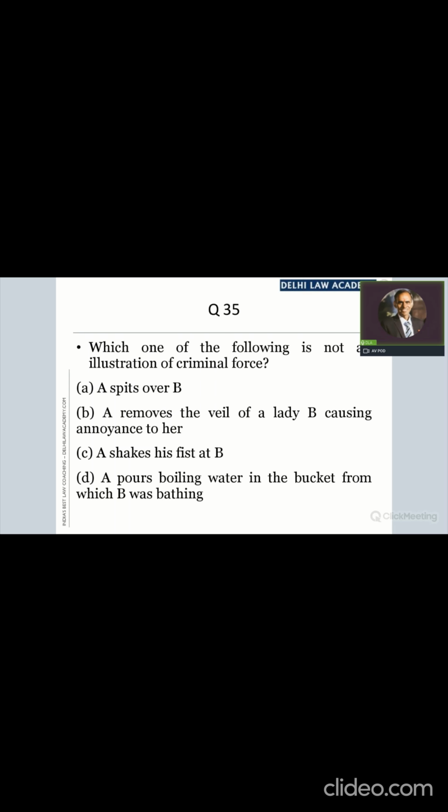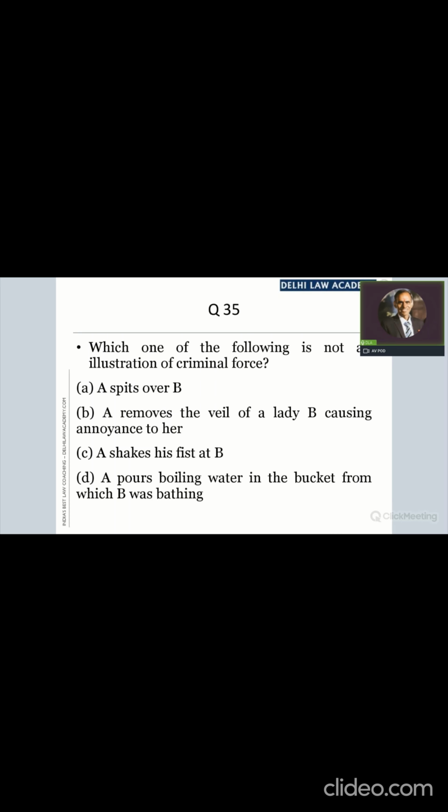But strictly speaking, causing motion to a substance so that the substance comes in contact with the other person is not the only requirement for characterizing it as use of criminal force. That is use of force, all right, but not necessarily use of criminal force. It becomes criminal.